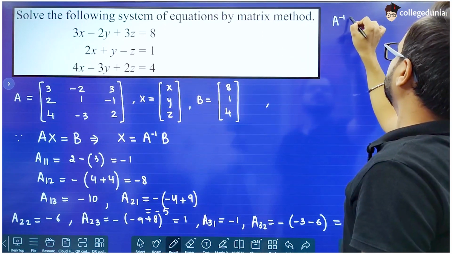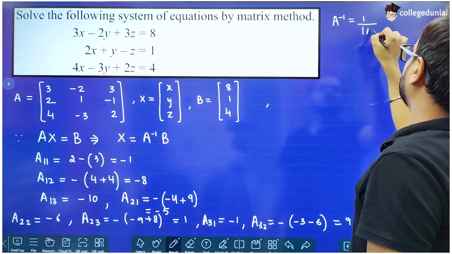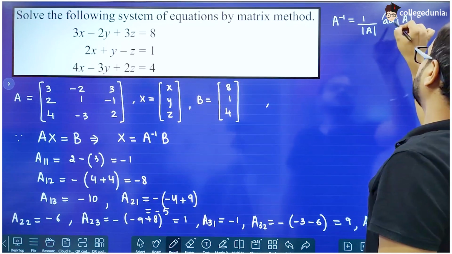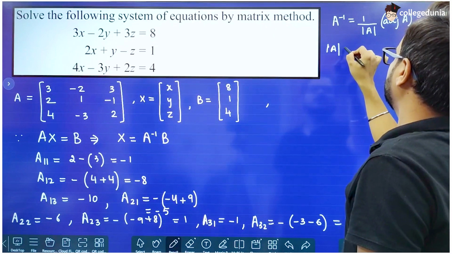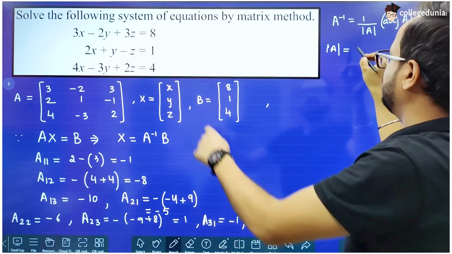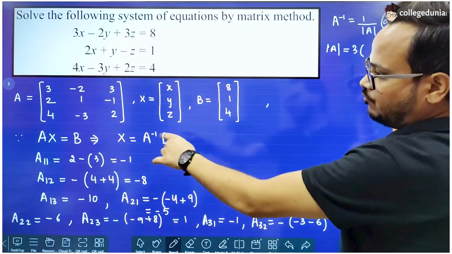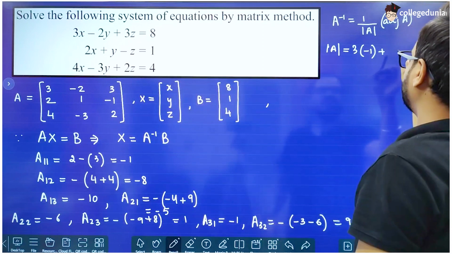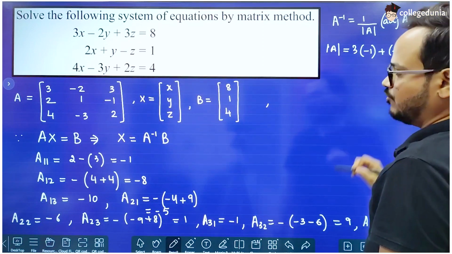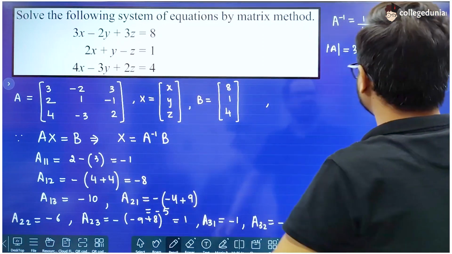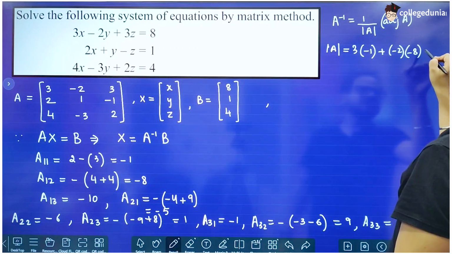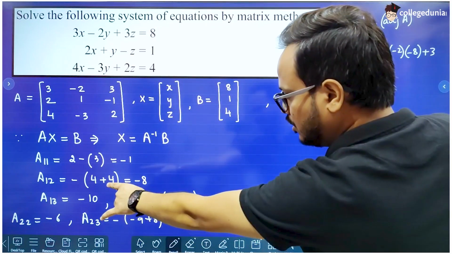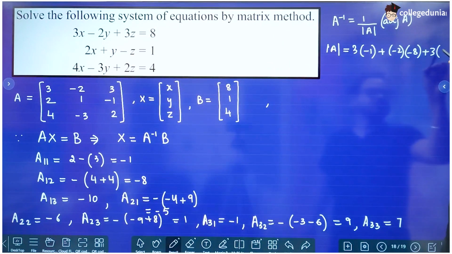A inverse is 1 upon determinant A into adjoint A. What is determinant A? Element 3 into cofactor of 3, which is minus 1, plus element minus 2 into cofactor of minus 2, which is minus 8, plus element 3 into cofactor of 3, which is minus 10.